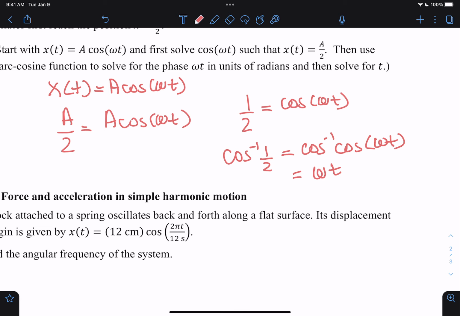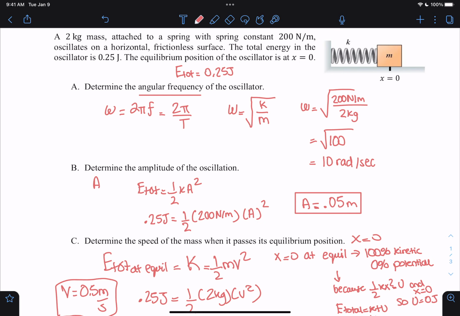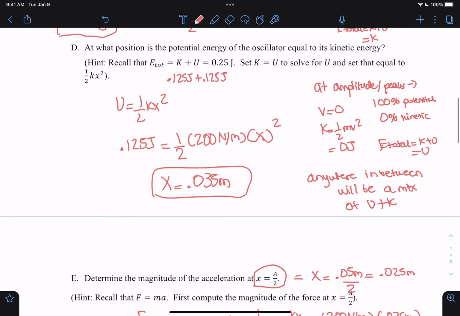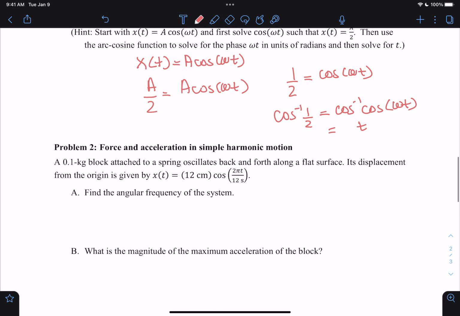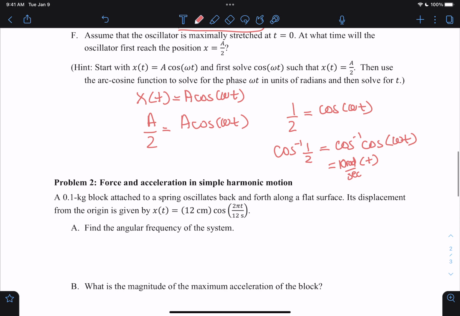So this omega, this angular frequency, we actually figured out at the very beginning. Remember, it was 10 radians per second. We figured it out and never used it again, but now we're using it at the very end. We know that's 10 radians per second, times t. So then we're just solving for t.